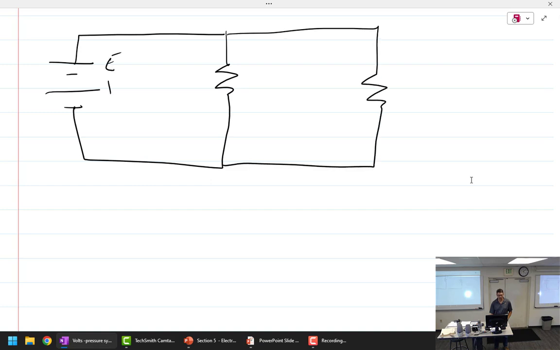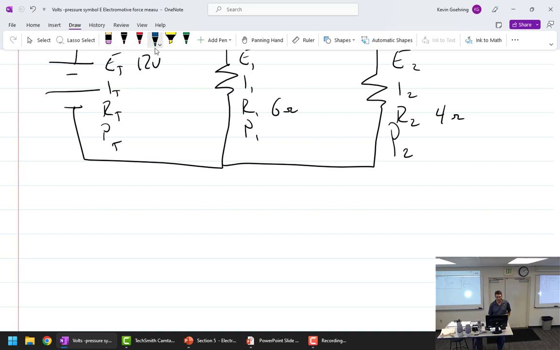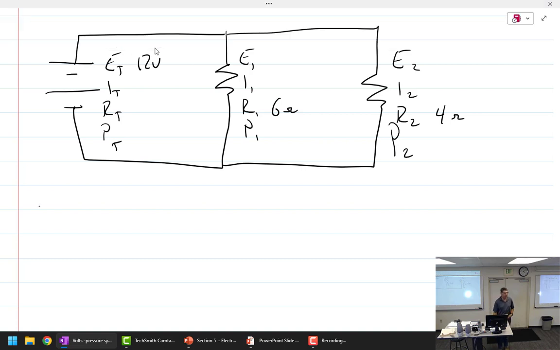So we have E, I, R, and P. Totals of 1. These will be of 2. And our givens here will be 12 volts. And we'll do 6 ohms here and 4 ohms there. You want to just go for it? You want me to work it with you? All right.